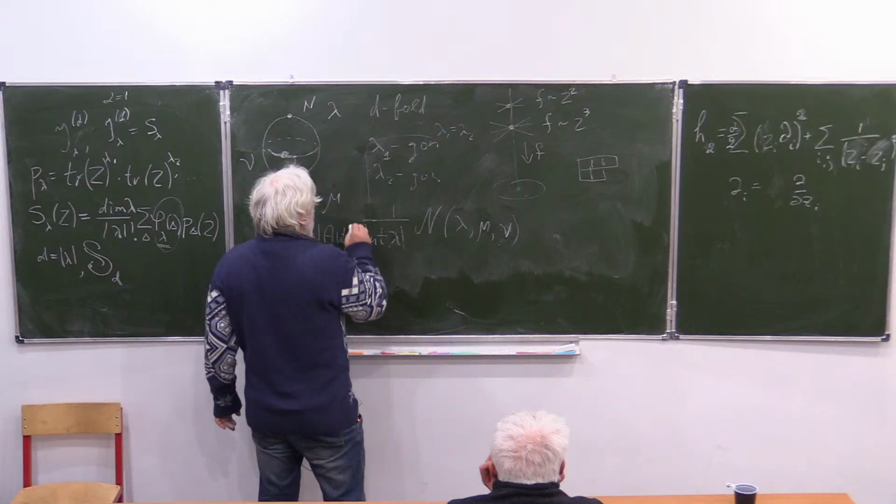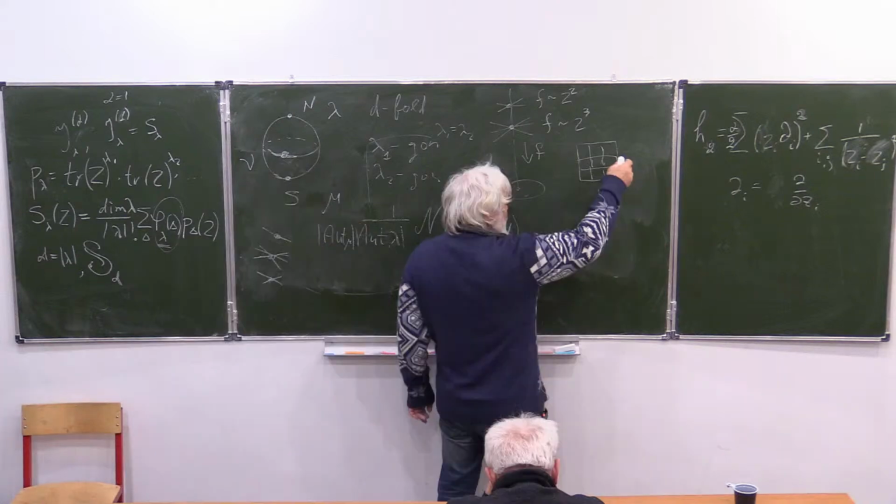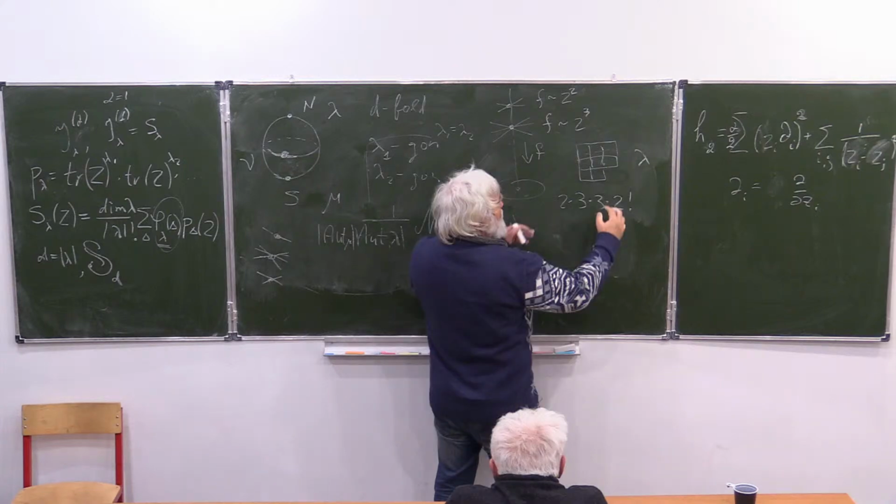If we have a partition, for this Young diagram the automorphism number will be 3 times 3 times 2 factorial, because we can rotate this polygon with 3 sides, rotate that polygon with 3 sides, and we can permute them.